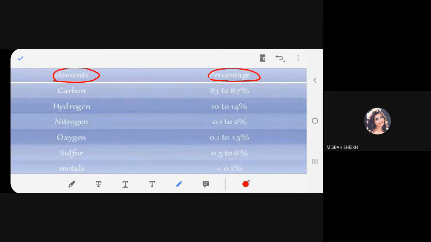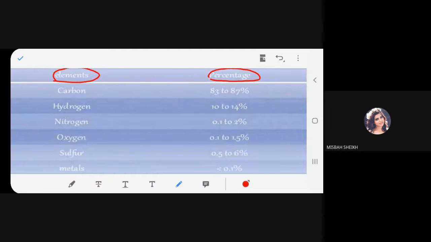Then oxygen, 0.1 to 1.5%. Sulfur, 0.5 to 6%. Metals, 0.1%.